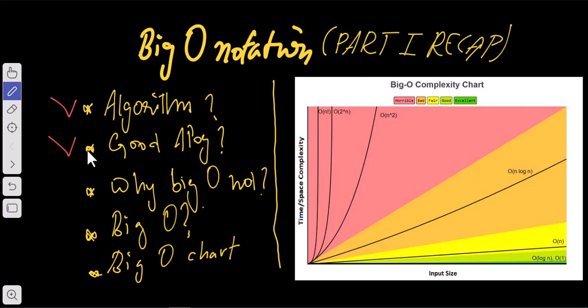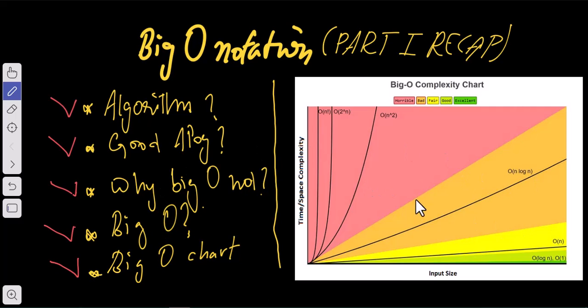For that we gave an analogy to illustrate this, which leads us to talk about the next point, which is why big O notation. Why do we need big O notation? Then we moved to define big O notation, and finally we ended the video by providing the big O chart, or the big O complexity chart.